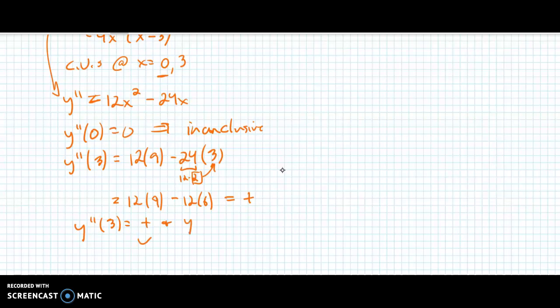And hold on, y prime of 3 is 0. So y has a min at x equals, what is it? 3.